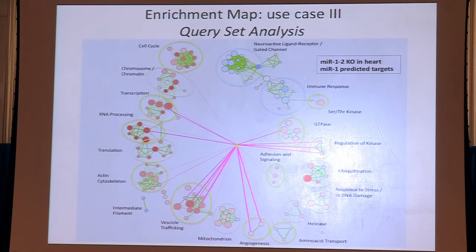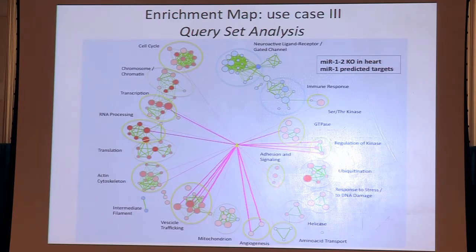For instance, you might have genes that are associated with the disease you're studying, or genes that are targets of a microRNA or a transcription factor. And then you can see how that set of genes relates to the pathways. Is there overlap between your gene set of interest and the pathways that you've seen enriched?